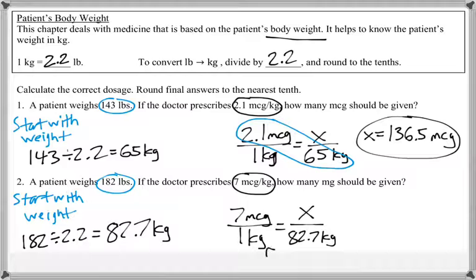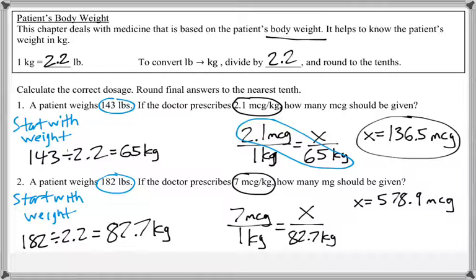So we're trying to match up these kilograms. And then if we multiply 7 times 82.7 divided by 1, then x is going to be equal to 578.9 micrograms.